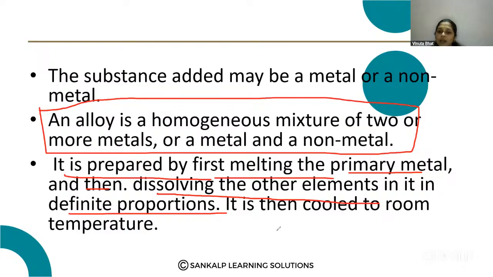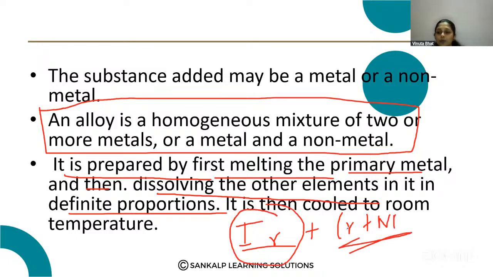For example, iron is the main metal, the primary metal. So some other elements are dissolved in this iron, for example chromium or nickel. Iron is in more proportion, and chromium and nickel are less compared to the iron. Then it is cooled and we can obtain the alloy in this form.